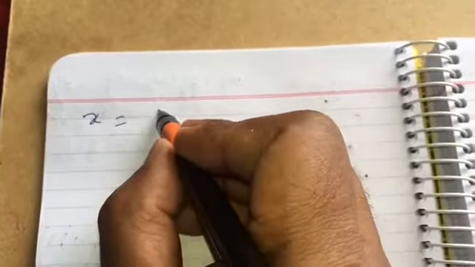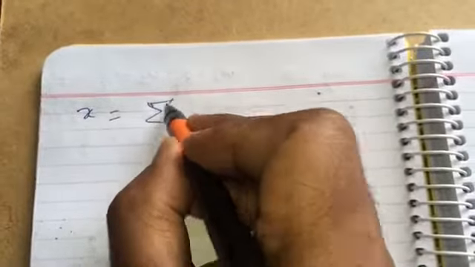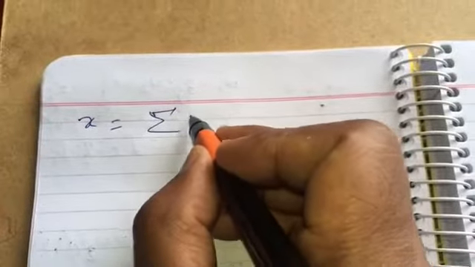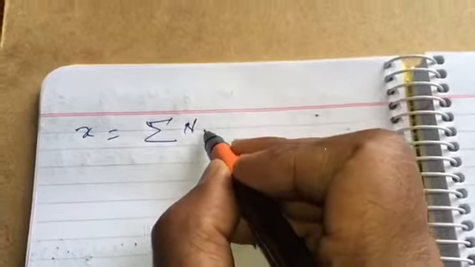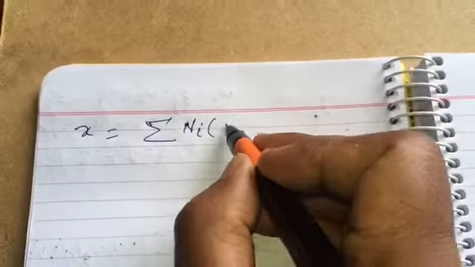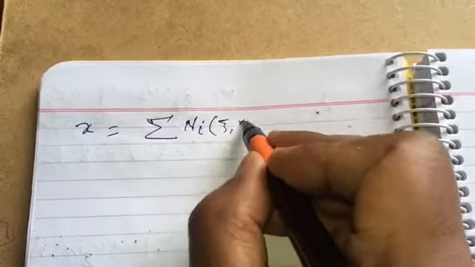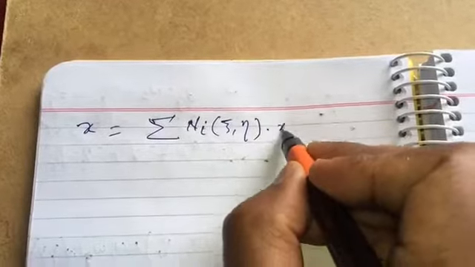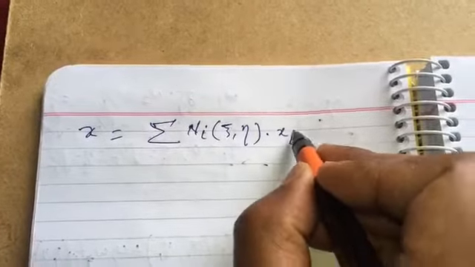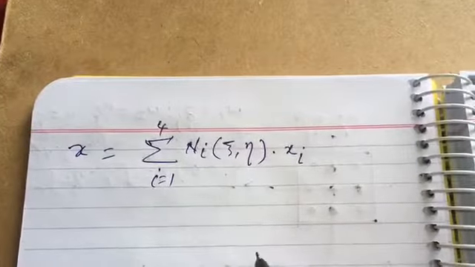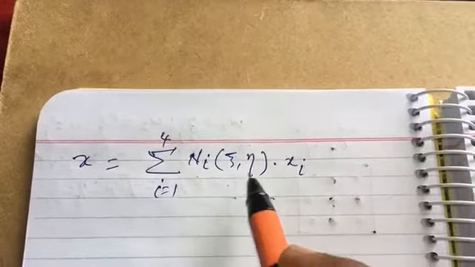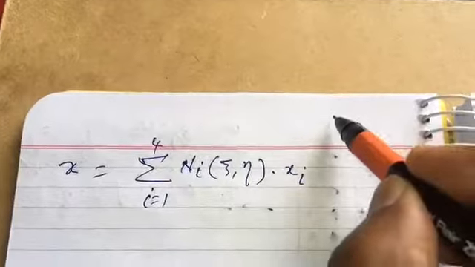So we have x is equal to summation of n i xi eta multiplied by x i, where i equal to 1 to 4. So there are 4 nodes.